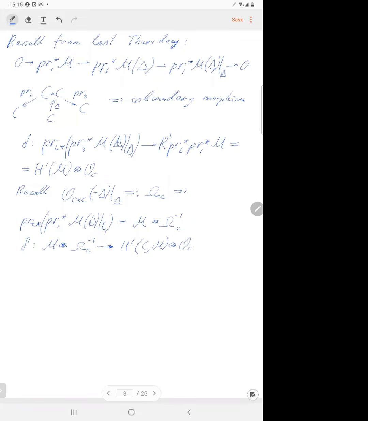And we know that the first cohomology is one-dimensional, so this is an isomorphism for any C. So the fiber of delta at any point in the curve is delta C, an isomorphism.